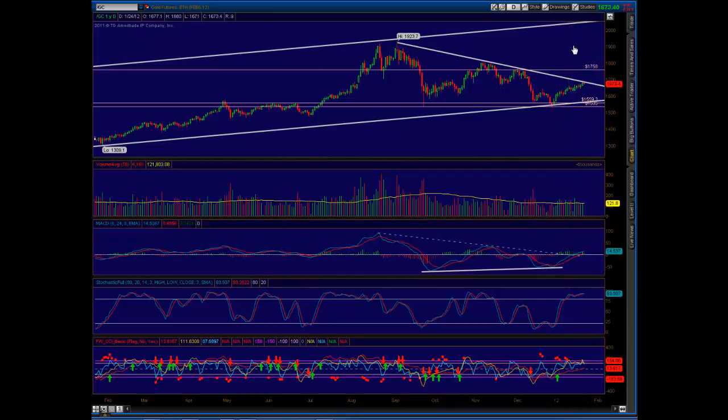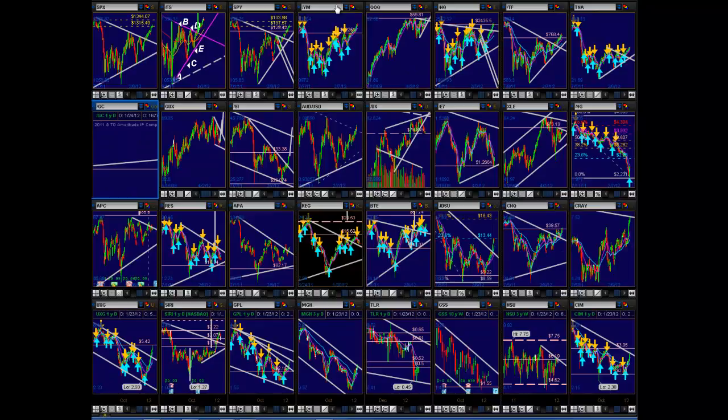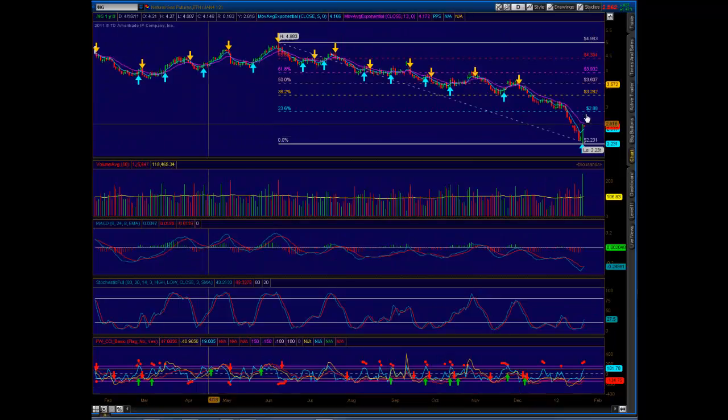The last one that I'm going to show you is the UNG, which is natural gas, and I'm actually going to use the futures for natural gas.